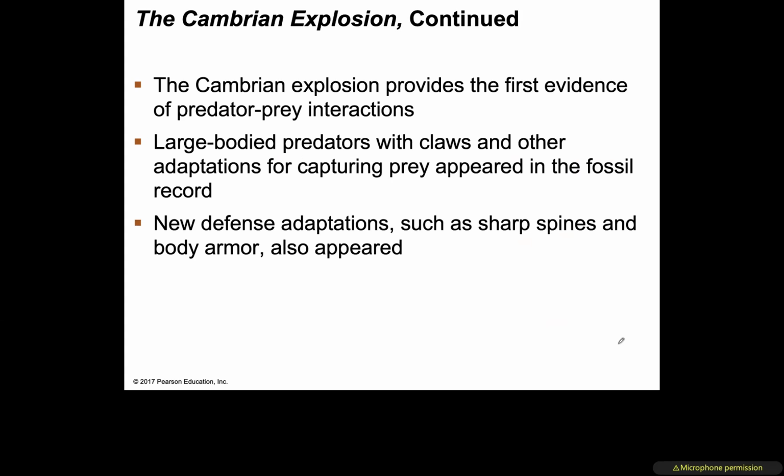Large-bodied predators with claws and other adaptations for catching prey started to appear in the fossil record during that time. You also started to see lots of defense adaptations: sharp spines, body armor, all kinds of crazy stuff.